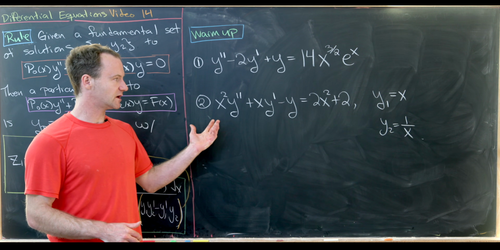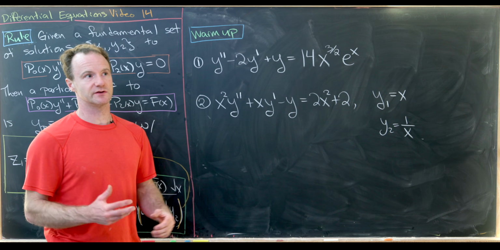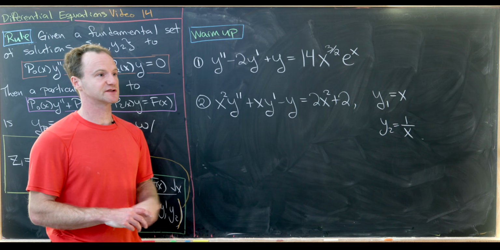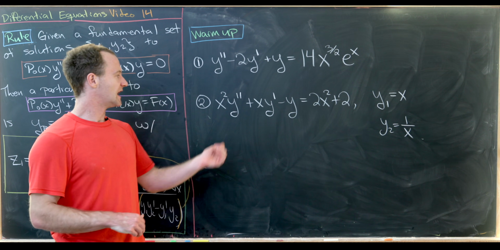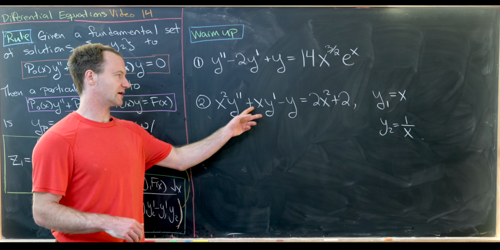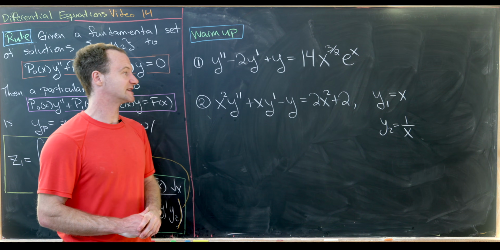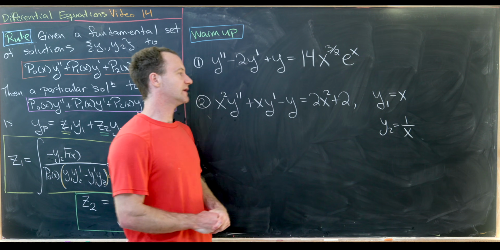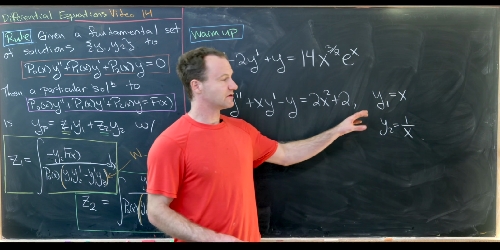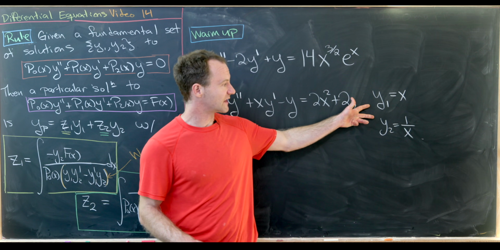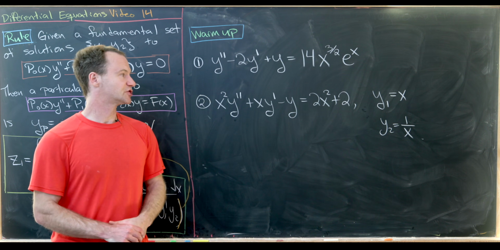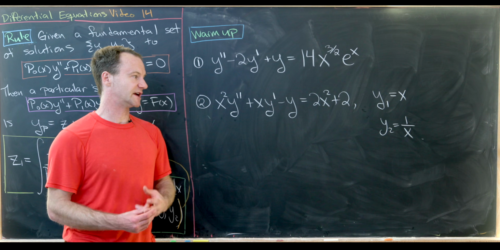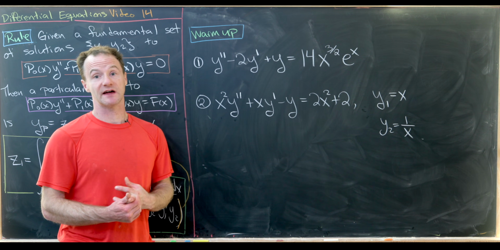Then the next one is not built so that you can easily find the homogeneous solution, so I've given them to you. And that's x squared times y double prime plus x times y prime minus y equals 2x squared plus 2. And then the homogeneous solution can be built by the following 2 functions. So we've got y1 equals x and y2 equals 1 over x. And that's a good place to stop.